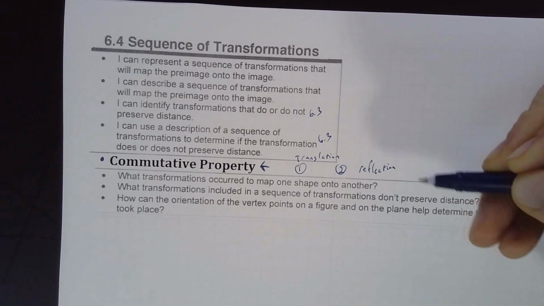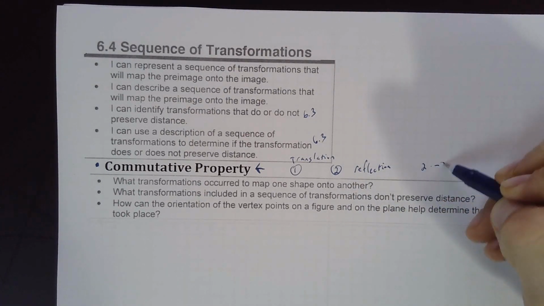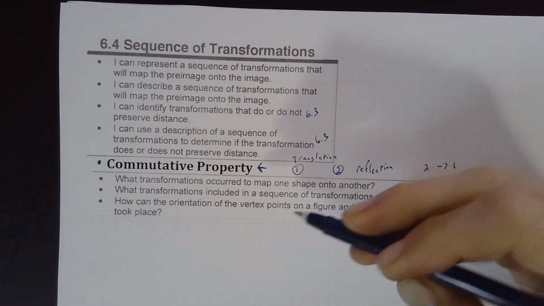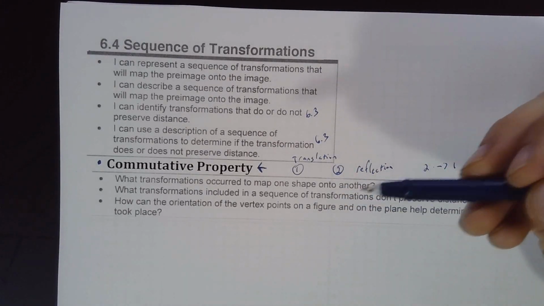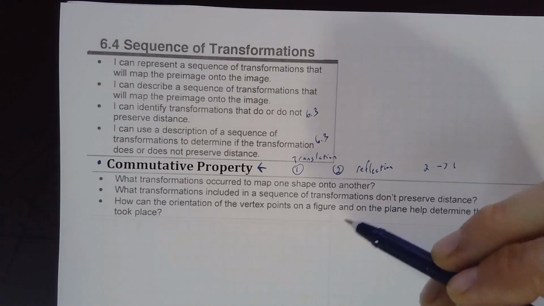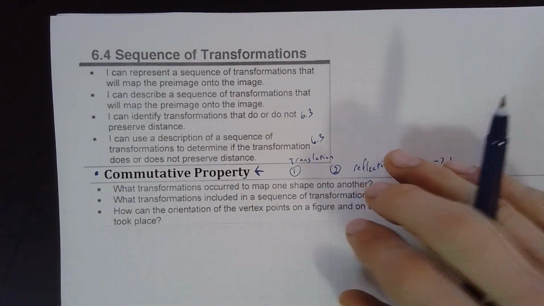Say for instance I could do those in order, and then if I did 2 then 1 and I got the same result, then the commutative property exists. But if I did not, then the commutative property does not exist, and we should be able to see at the end of the lesson the difference between those two.